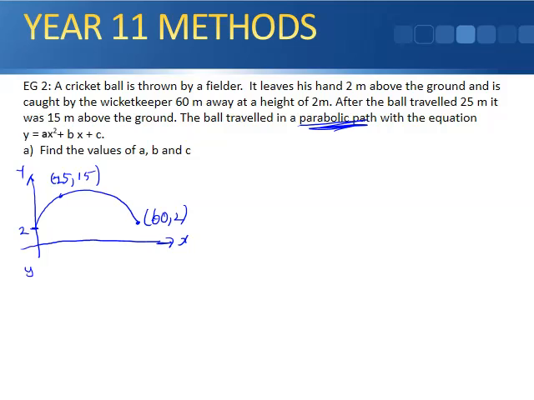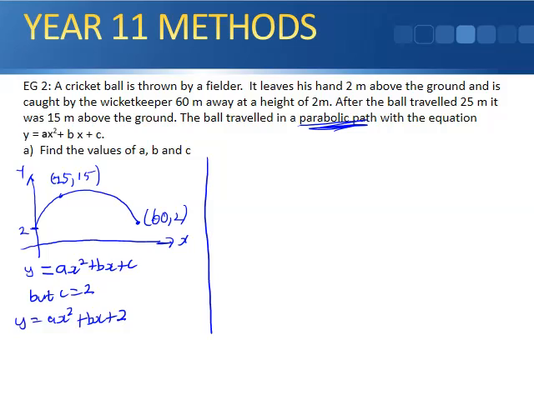So we've got y equals ax squared plus bx plus c. But I know my c equals 2. So I get y equals ax squared plus bx plus 2, which is great. So I'll continue it over here.